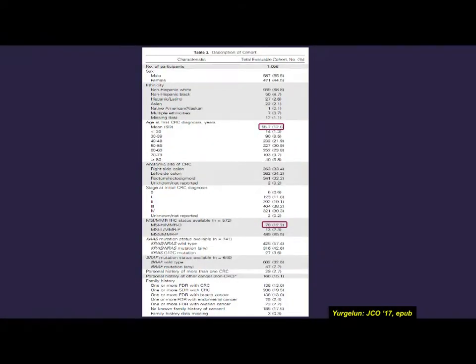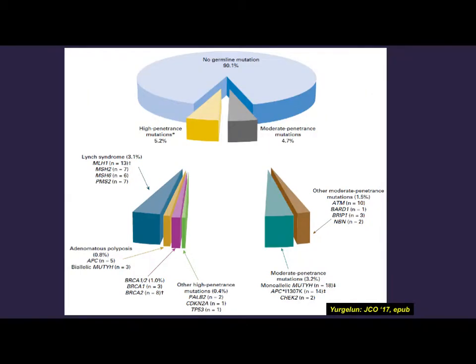They did tend to have younger patients than we probably see in a non-referral population. But the usual proportion showed evidence of microsatellite instability. So they did the microsatellite testing, but basically they threw a panel at everybody, and the take-home message was that nearly 10%, much higher proportion than we think of as having HNPCC, but nearly 10% of all the people tested had a mutation in what would be considered an actionable gene.